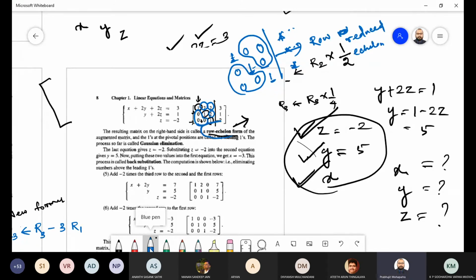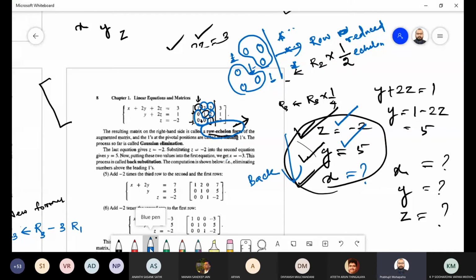And this is called row echelon form. If you are not reducing the upper part, then you have to do the back substitution. Back substitution means first you get the value of z, then substitute the z value to get y, then substitute the y and z values to get x. This is called the back substitution method, and it is time taking.